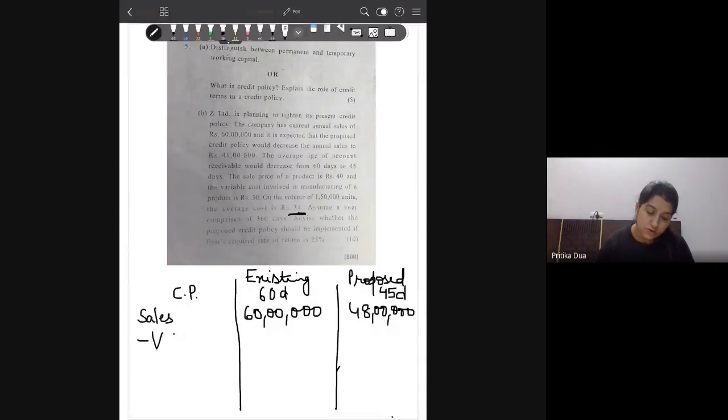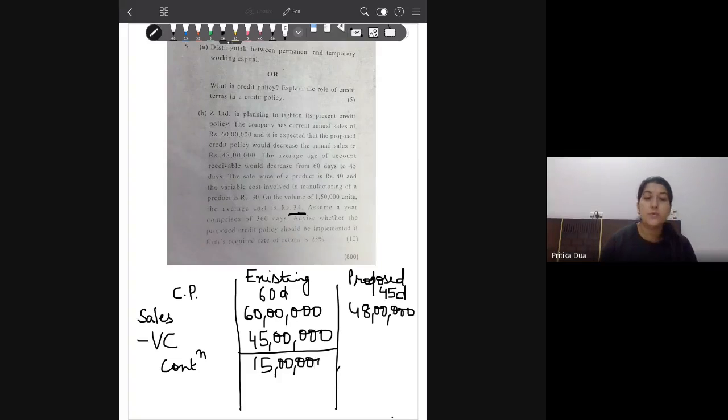So variable cost is 30 rupees. So for 45 lakh will be the variable cost. And solving for the existing policy, you can then solve for the proposed policy. So contribution will be 15 lakh.